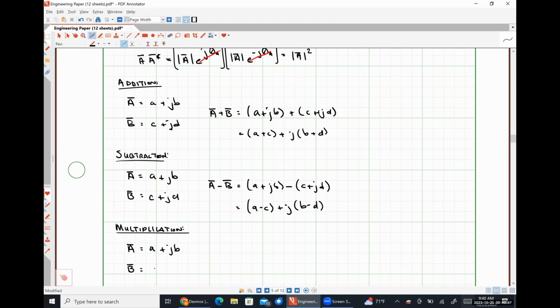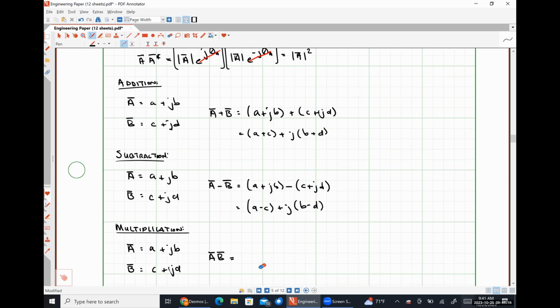Complex number B is c plus jd. A multiplied by B will be equal to something. All right. So before I even do that, I want to point something out here. If I'm asking you to multiply two complex numbers together, I'm going to put the two numbers next to each other. End of story.